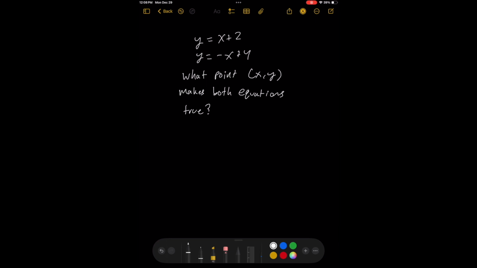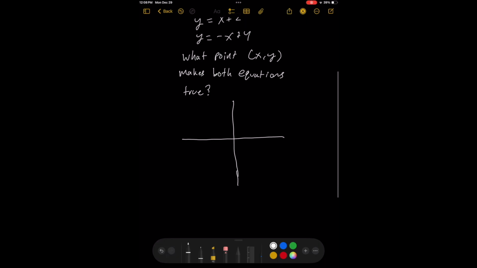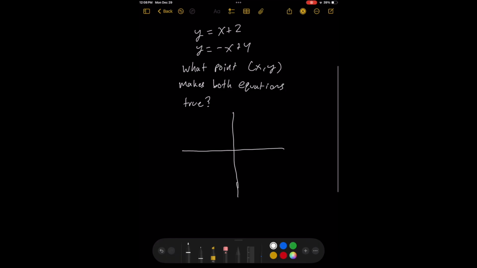Well, the idea of what point makes both equations true, if you think about it graphically, it's where both of the lines intersect. So I'm not actually going to graph these correctly, but okay, it'll look something like this. The point at which, the x, y point, where both the equations are true is where they intersect, because that's where they're equal to each other. And that's how we solve these systems of equations.